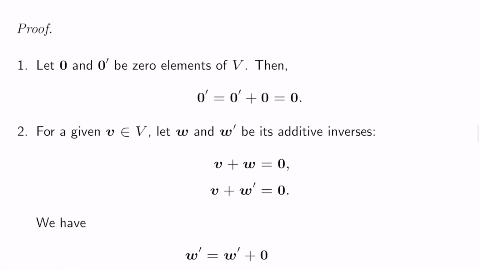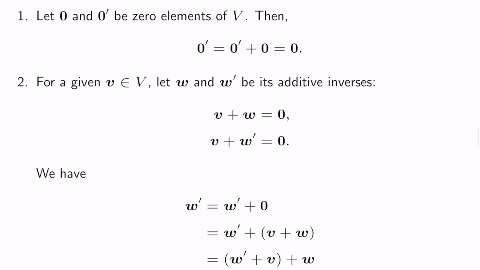Therefore, if there are two zero elements, these two elements must be equal to each other. And next is the uniqueness of additive inverses. So for a given element v, let w and w prime be additive inverses of this element. Then we should have v plus w is equal to the zero vector and v plus w prime is equal to the zero vector.